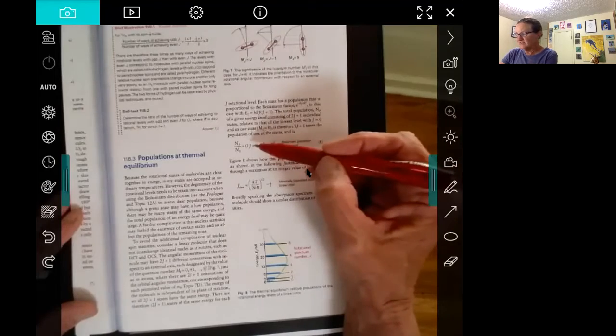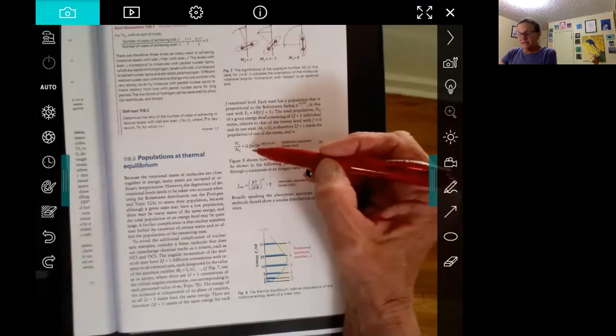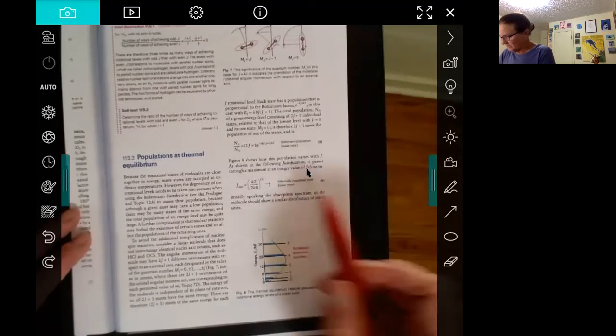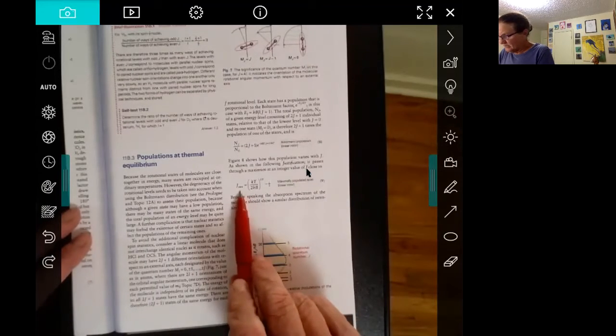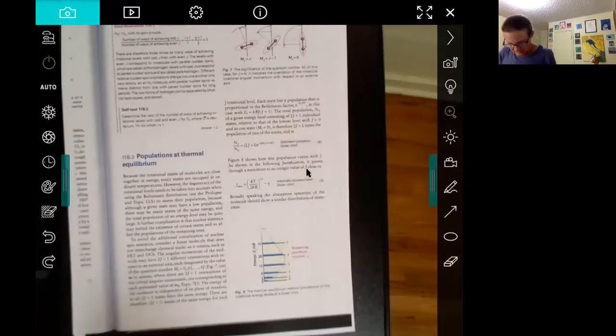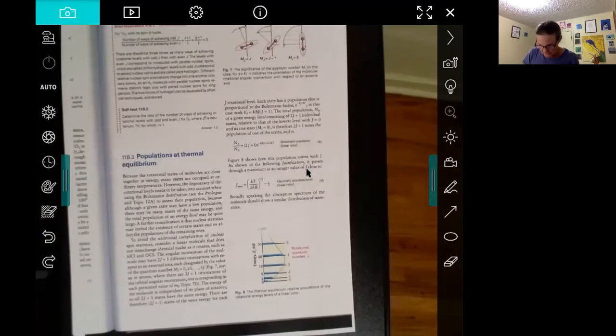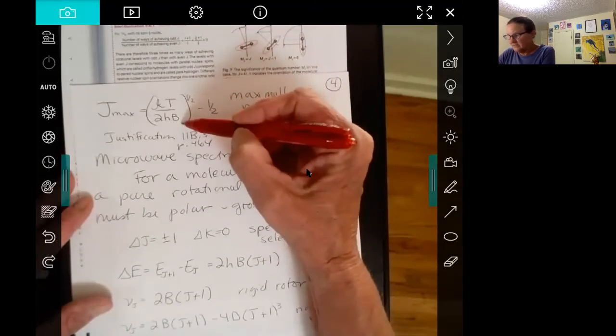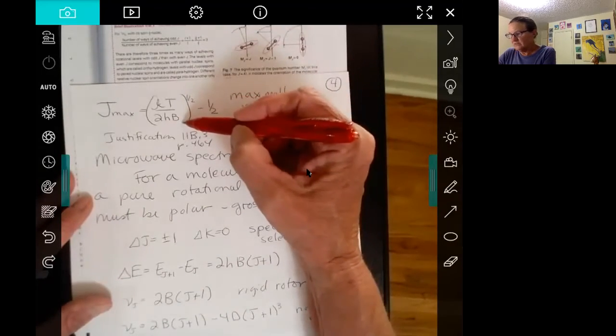But because of this degeneracy, which gets bigger as you go up, you don't just have the ground state as the most populated. So if you look at the J max for the most populated state, you can derive an equation that gives you what we have right here. It's related to the rotational constant because that's related to the energy.